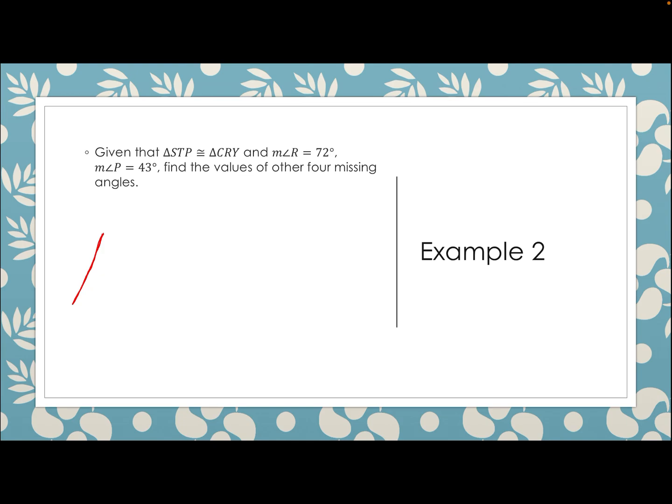They don't have to be perfect or drawn to scale. We just need some triangles that we can see. So we'll call this triangle S, T, and P. And we need another triangle that we're going to call triangle C, R, and Y.